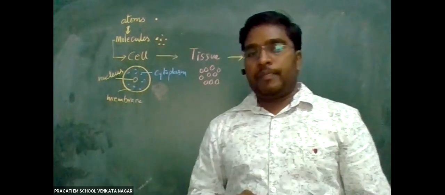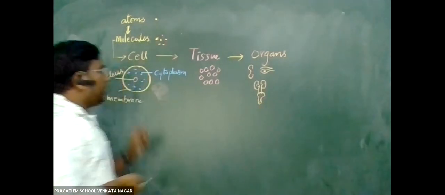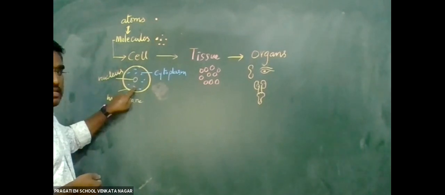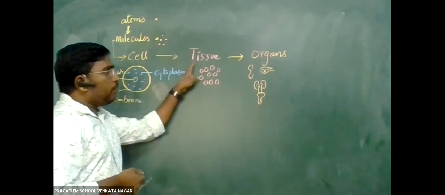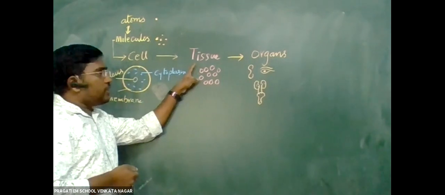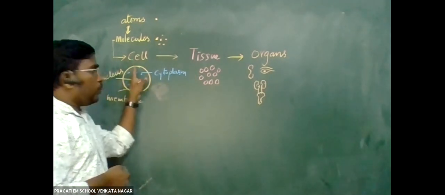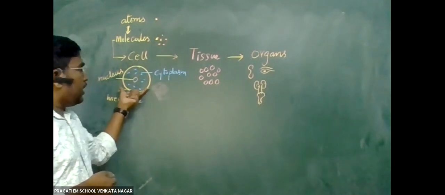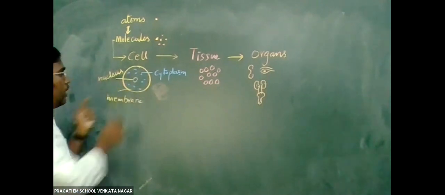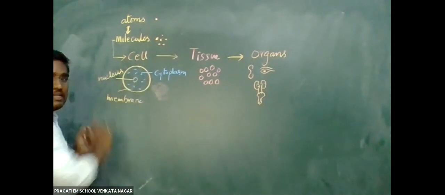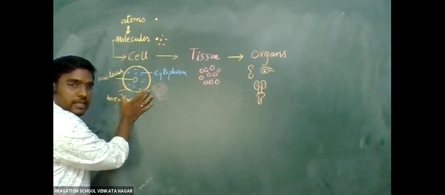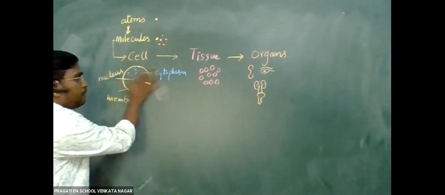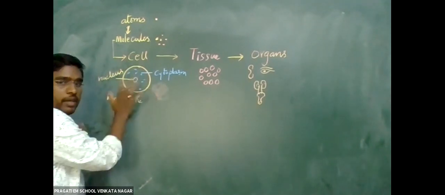Okay, look here. The cell is a basic unit. A group of cells combine to form the next level of organization, that is tissue. I am representing here a single cell, which has these types of parts that I have drawn.